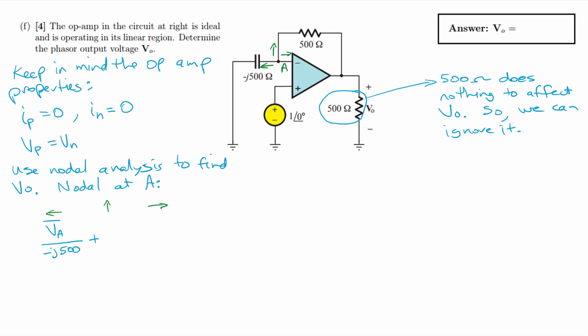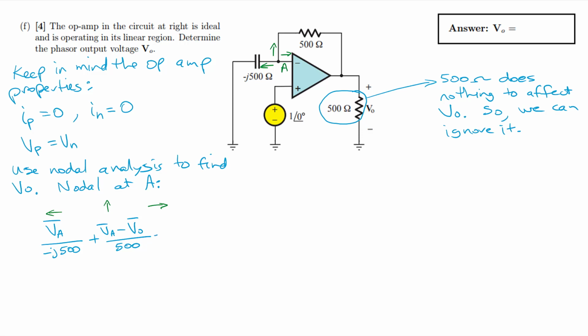So the current flowing up is VA going to Vout, so it's phasor VA minus phasor Vout all over the impedance in that branch, which is just 500 ohms.